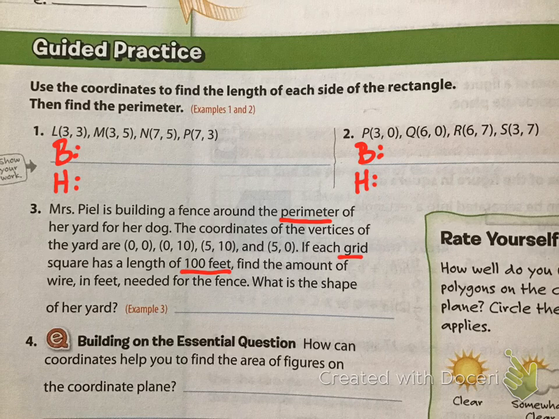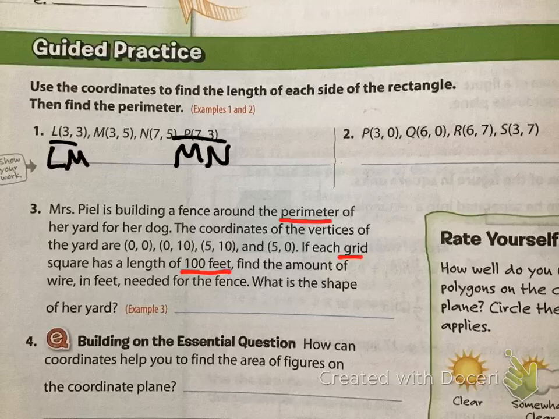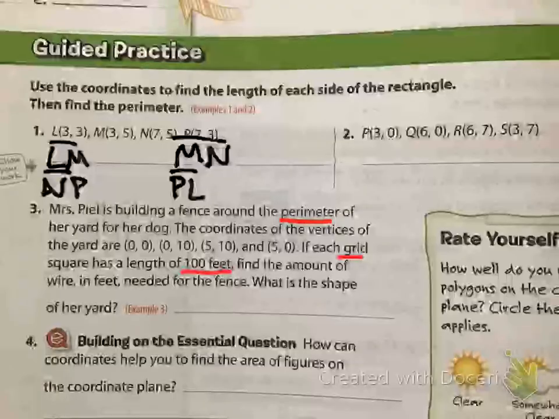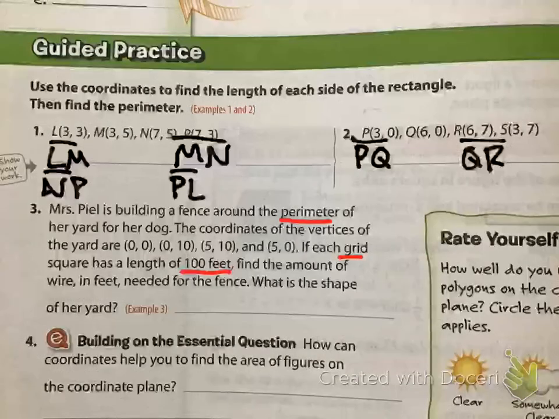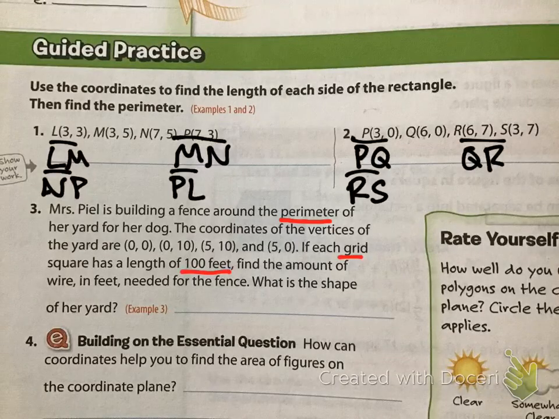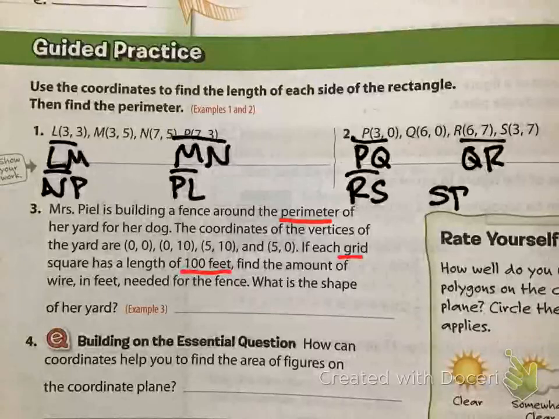So we go here to our guided practice. I want you to find the length of each side of the rectangle. So in this case, I want you to find the length of side LM, the length of side MN, the length of side NP, and the length of side PL. Same thing here. We would have length of side PQ, length of side QR, length of side RS, and length of side SP.